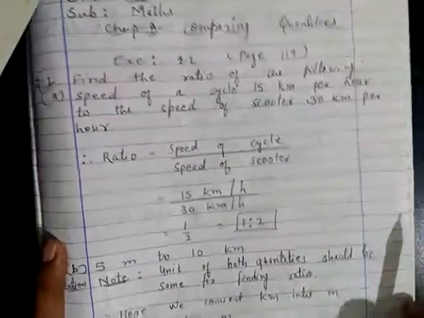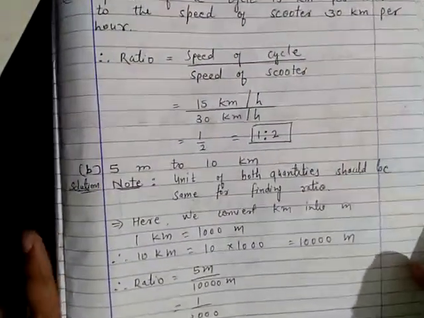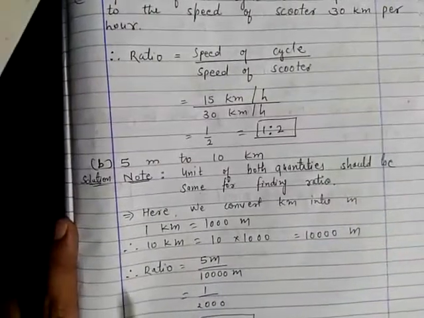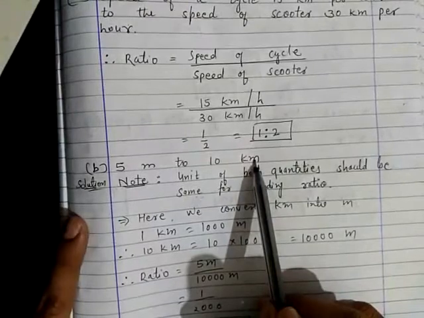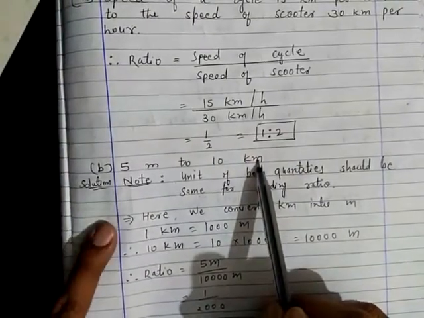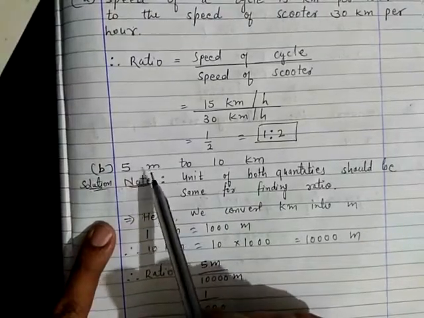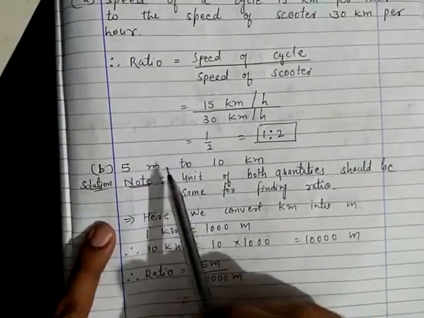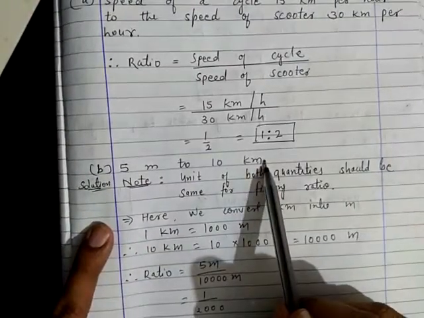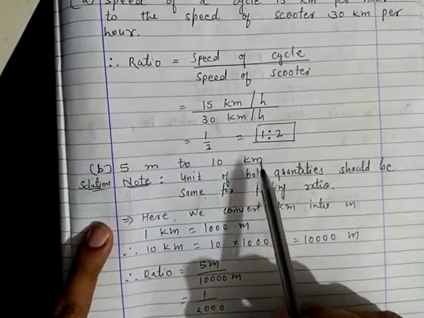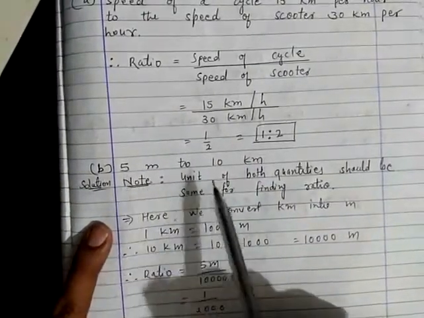Okay, understood students? See, question number 2 B. 5 meter to 10 kilometers. See students, we can find the ratio only when the units of both quantities are the same. Here you can see meter is given and kilometer is given, so we need to convert kilometer into meter or meter into kilometer.